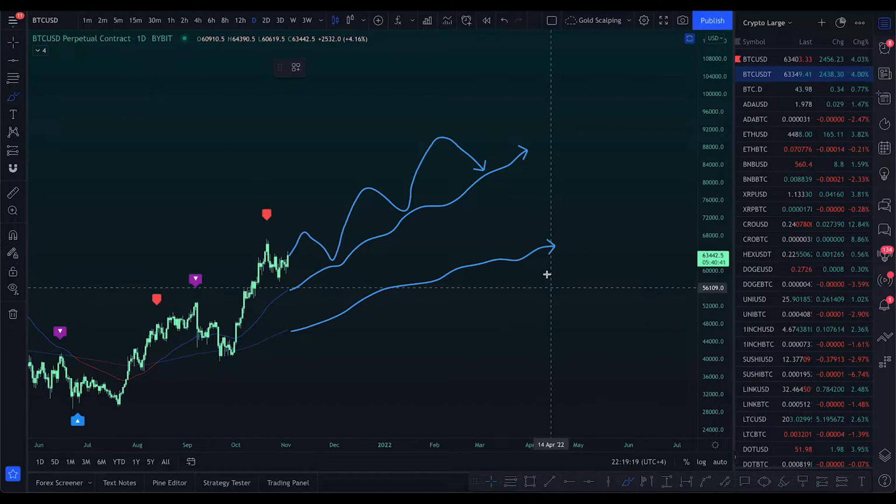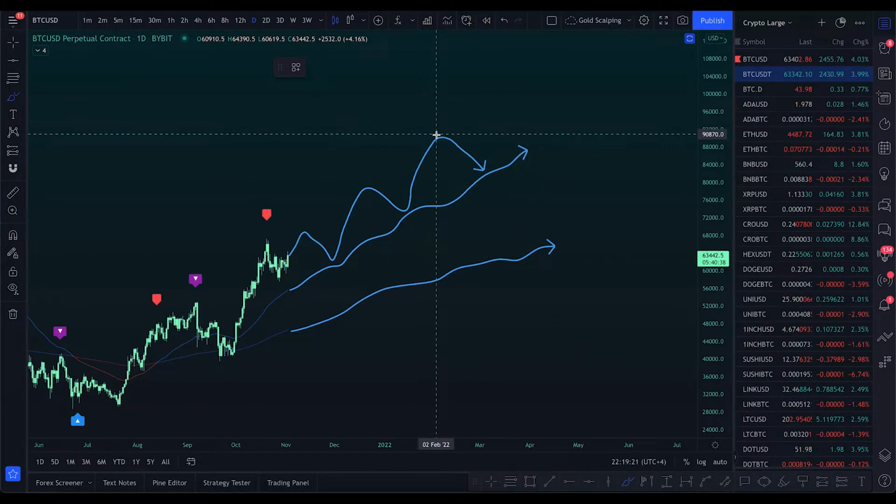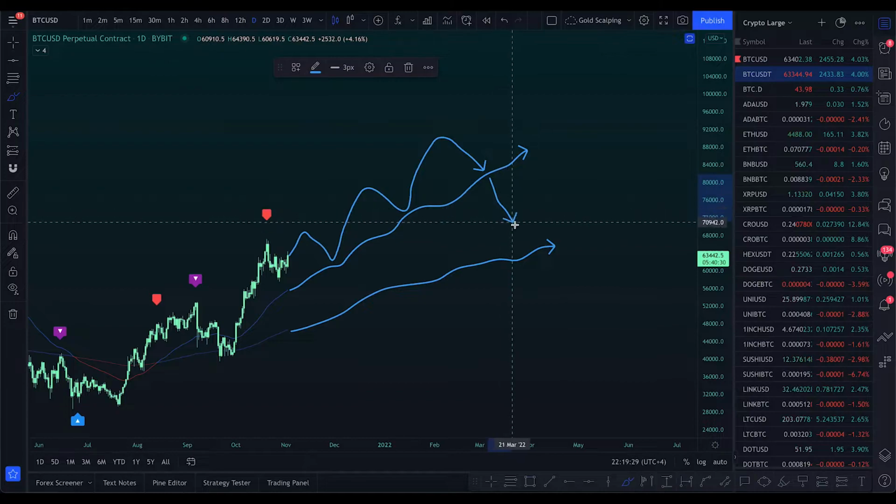So what I would expect at this point, right? We almost hit 100, was 90, and then we go back down to 80. Well, at this point, we can break it. And if we break it, no doubt, we're going to retest the 200 moving average, which would be around 64, 60 something again.